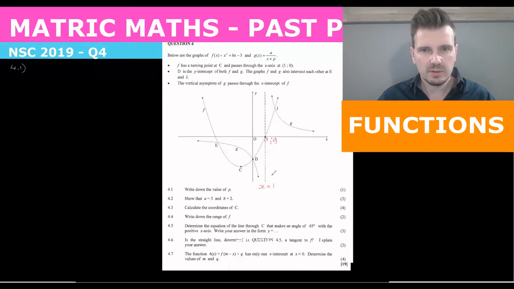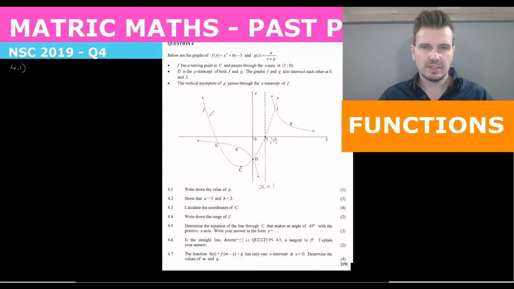Okay, so the value of p in g of x equals a over x plus p is the vertical asymptote. And remember that when we're looking at the vertical asymptote, if it's on the right-hand side, then the p-value is negative.